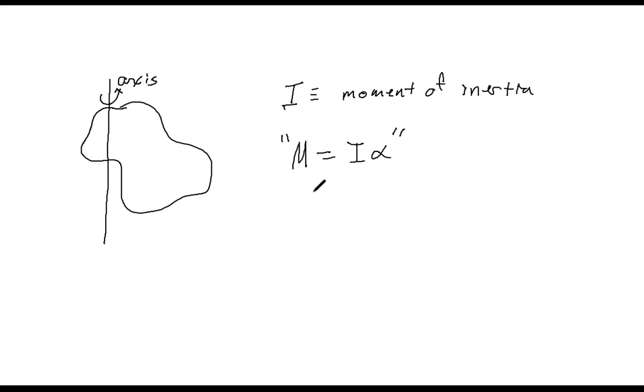So how do you compute this quantity I? It's going to be the important dictionary relating torques or moments to kinematic quantities like alpha. We need to know the definition of I. For a point particle, let's imagine I have an axis of rotation and a point particle of mass m.